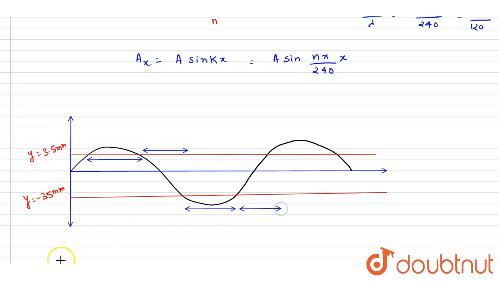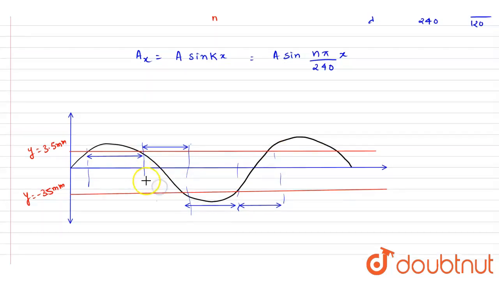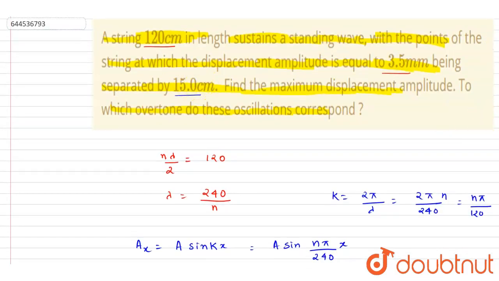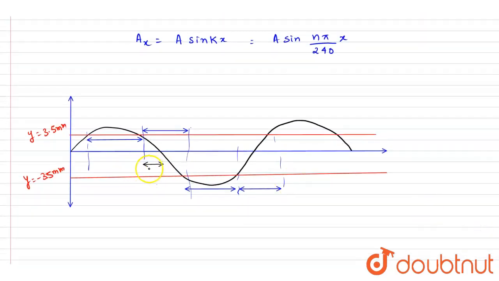So in this way, the distance between any two points where the amplitude is 3.5 is 15. Alright. So basically, from the symmetry, this distance will be 7.5. From the symmetry, this distance will be 7.5. It is already given that they are separated by 15 centimeters, so from the symmetry it will be the middle point.